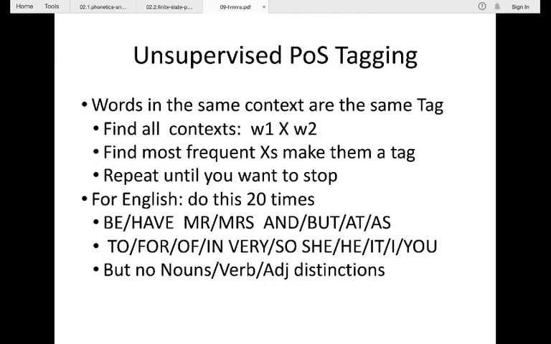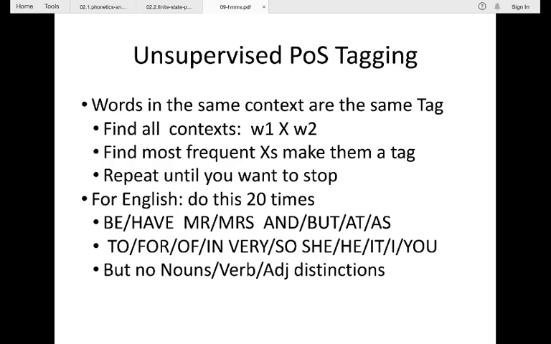It's possible to do POS tagging without training data, but it doesn't work very well. So there are various unsupervised approaches to POS tagging. This describes one kind of naive approach to this. There are somewhat better approaches to unsupervised POS tagging, but they amount to this sort of thing.